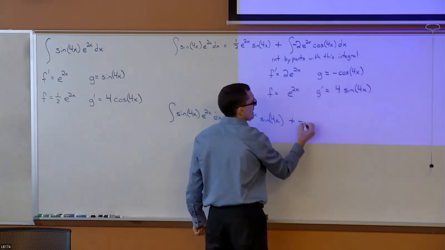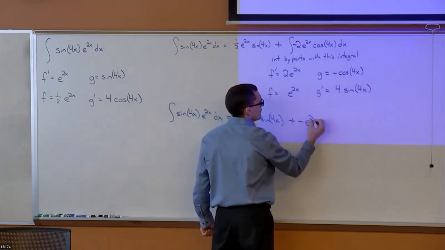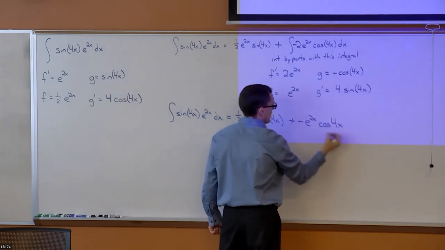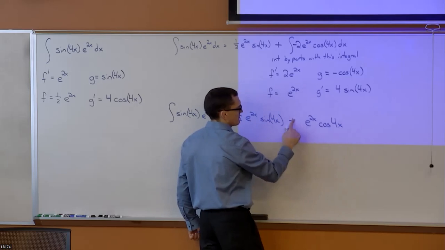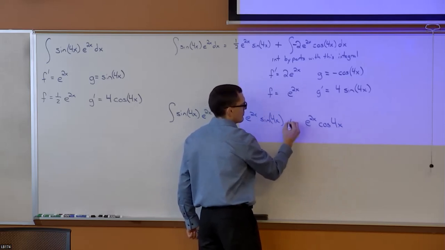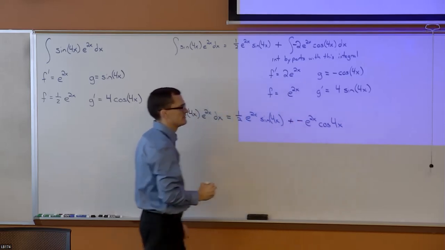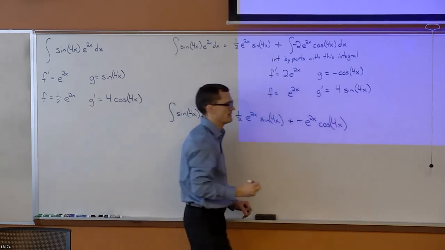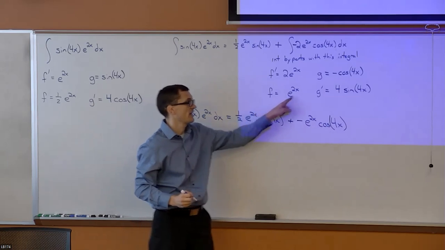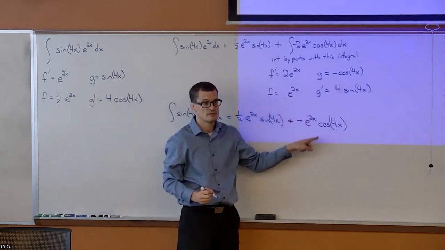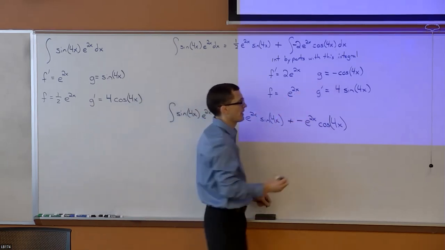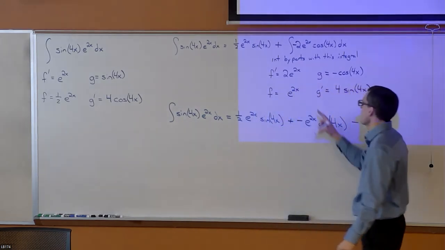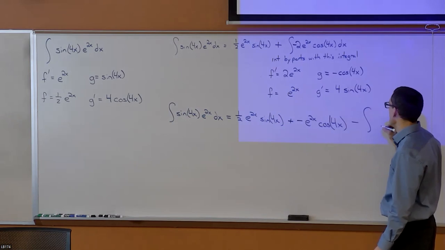That's negative e to the 2x times cosine of 4x. In fact, I'm just going to make that a minus. Is that all right? And we'll do plus and negative. It's fine. Okay, that f times g, right, this way, minus integrate f times g prime.